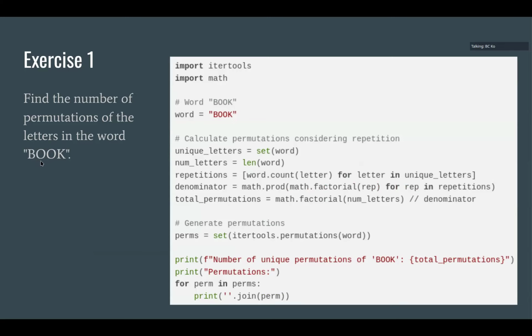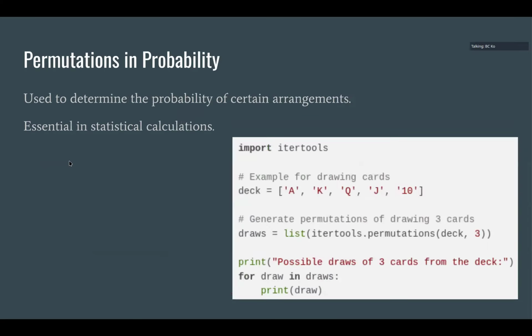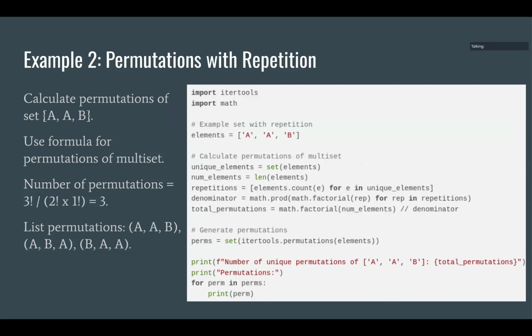To solve this, you want to calculate the factorial of the total number of letters divided by the factorial of the number of repetitions for each letter. So this is similar to example 2, permutation with repetition.